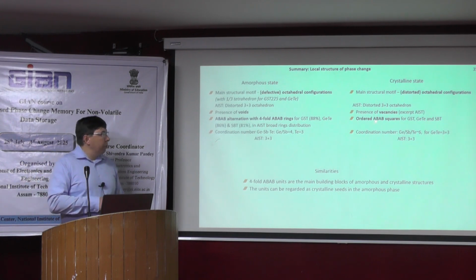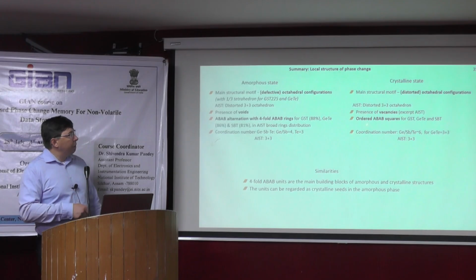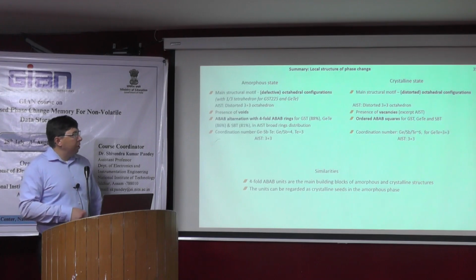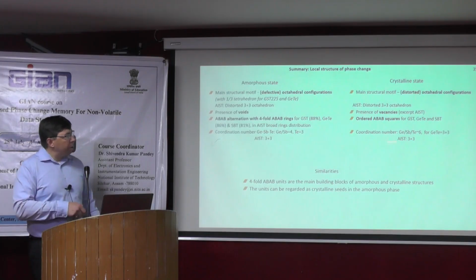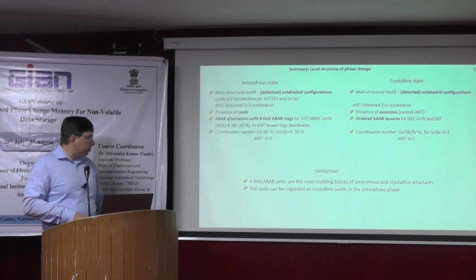And here, of course, if we use the same terminology as for the amorphous state, we have ordered ABAB squares for GST, germanium telluride, and antimony telluride. And here the coordination number, because of the ordered structure, is 6. For GeTe it is 3 plus 3. For AST, 3 plus 3.